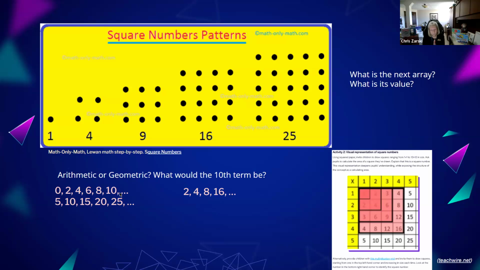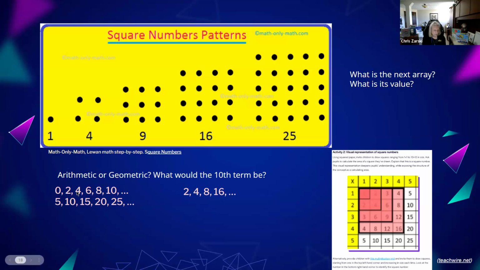I know difference sounds like, wow, aren't we subtracting? Well, you are actually, and I'll show you why it's called the common difference. Here I went from 0 to 2, 2 to 4, 4 to 6, 6 to 8, so I'm adding 2 each time. How do I find that I'm adding 2 each time? You take the number and you subtract the one that's in front of it. And that's why we call it the common difference.